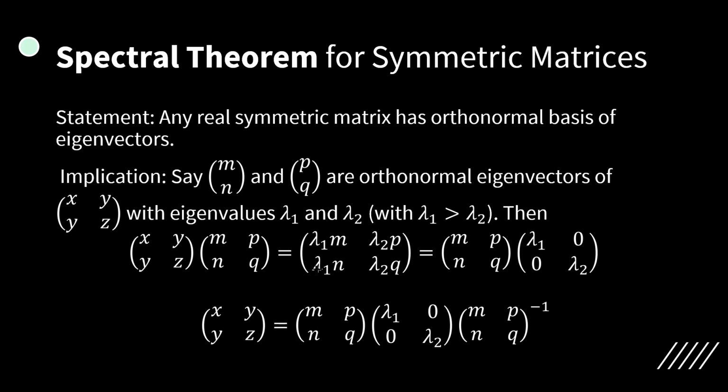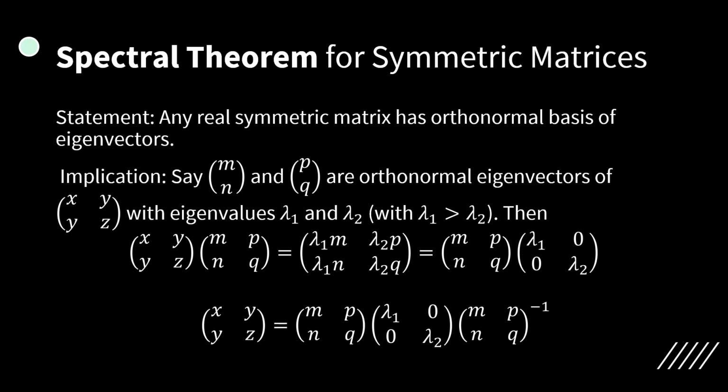Then we can rewrite this as the matrix with columns (m, n) and (p, q) times this diagonal matrix of lambda 1, lambda 2. And now all you have to do is multiply the inverse of this to the other side. So now we have expressed the given symmetric matrix as a diagonalization conjugated by these two orthonormal matrices.